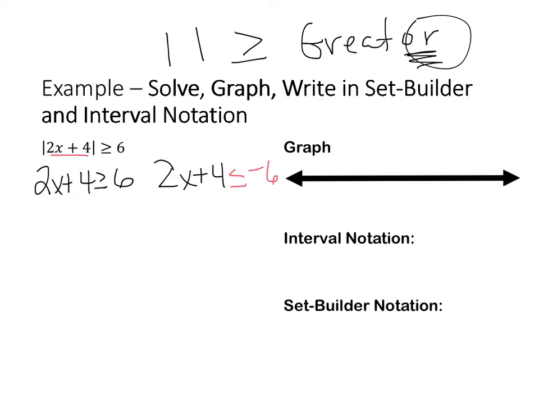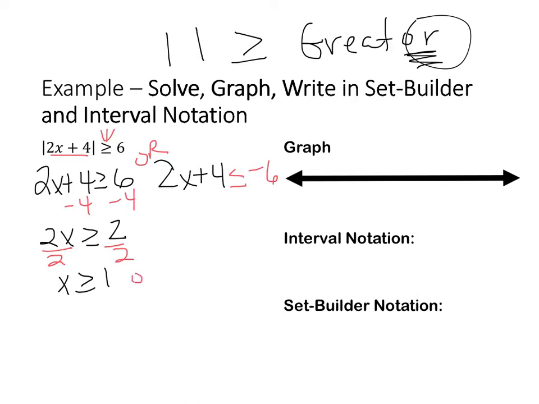Now we're going to solve, and I almost forgot that it is an OR because it's greater than. It's an OR compound inequality. Now we're going to solve both inequalities. Get rid of your addition with subtraction, and you're left with 2x is greater than or equal to 2. Undo your multiplication with division, so x is greater than or equal to 1.